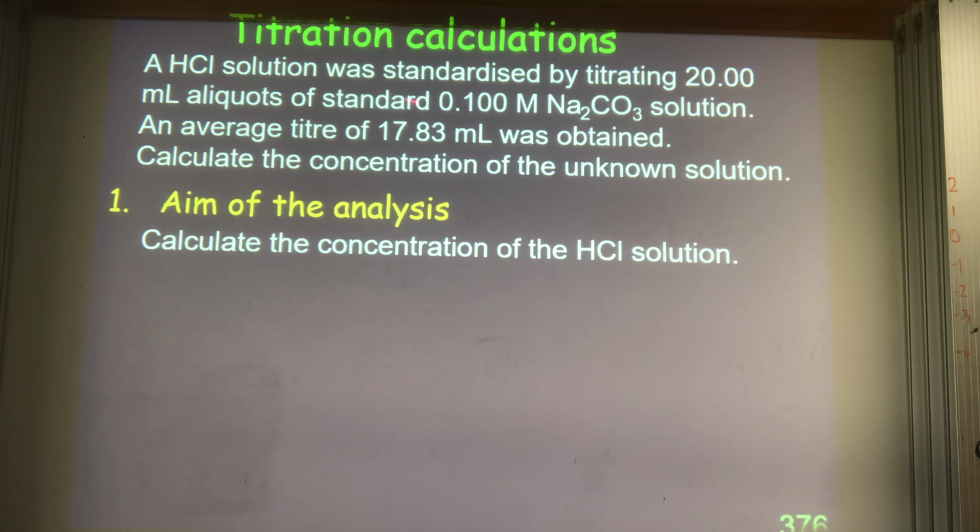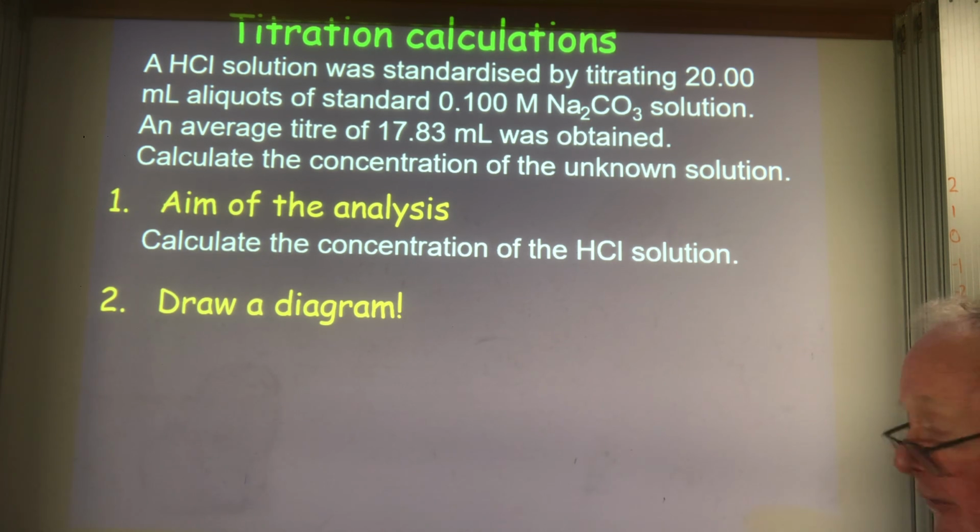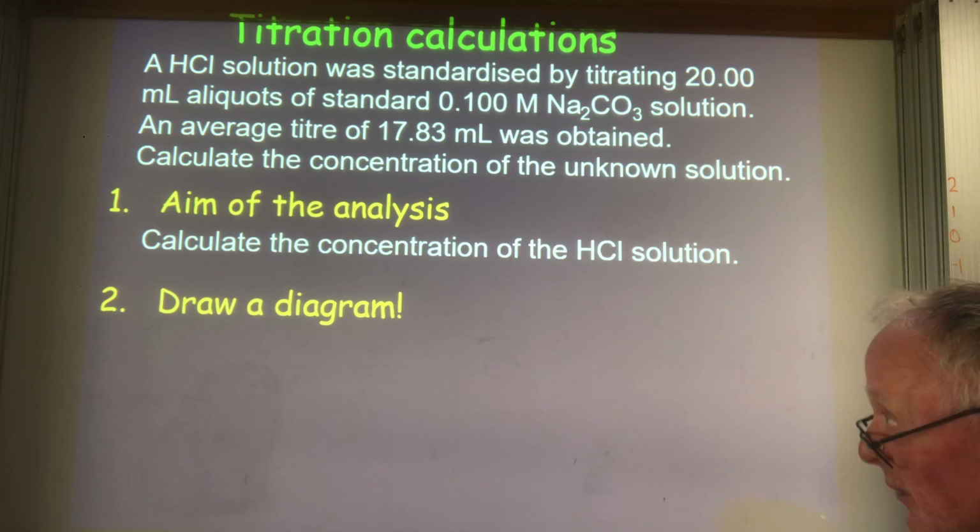Concentration of the HCl, as I said. And draw a diagram. I really think that visual representation of this information is critical. Now, if you can do it easily, if you get the right answers every time, I don't care how you do it, but until you get the right answer every time, I think a diagram is the best way to do it.